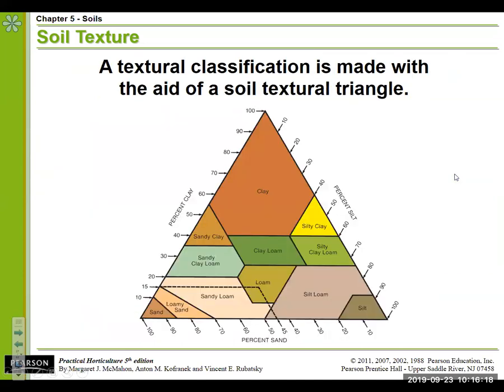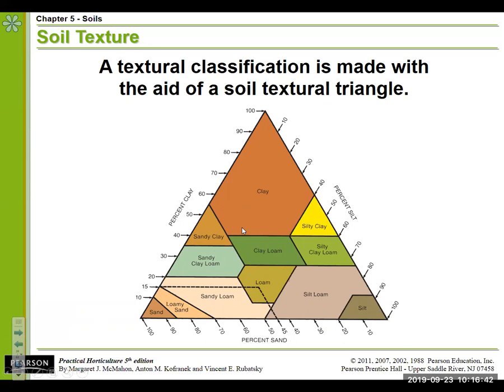And the USDA created this nifty soil texture triangle that is how they classify soil texture. We look first at the percentage of sand and silt and then clay to determine where it falls.